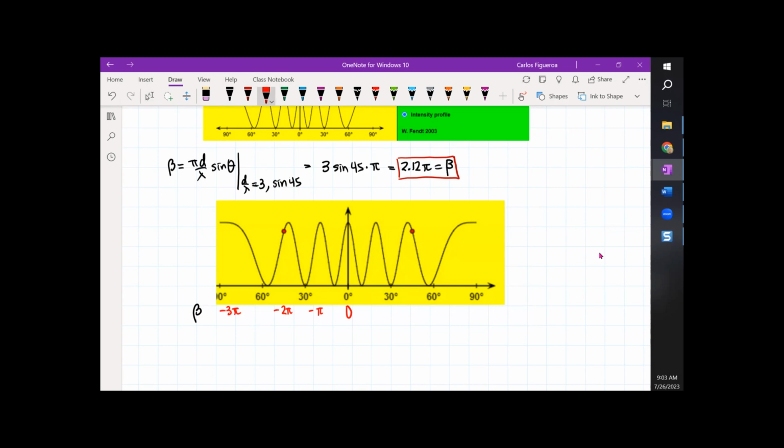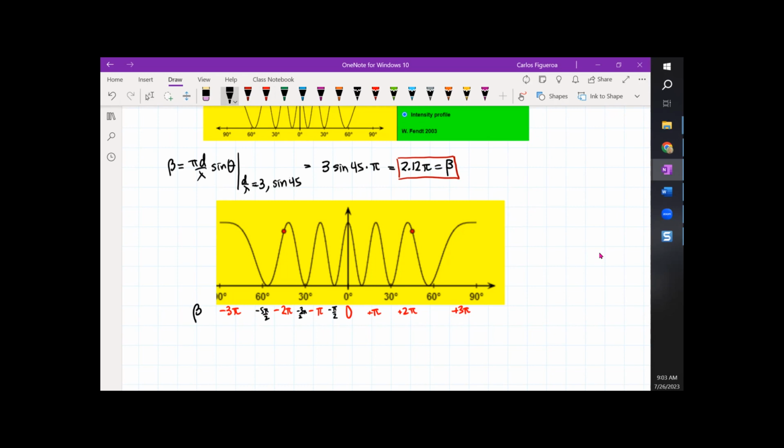And then over here, I have pi, 2 pi, and then over here, I have 3 pi with my signs here. So if I look at my minimas, then this should be minus pi over 2, minus 3 pi over 2, and then this is minus 5 pi over 2. So let's look at this guy right here.